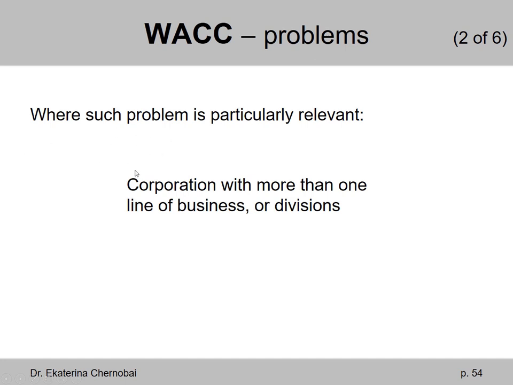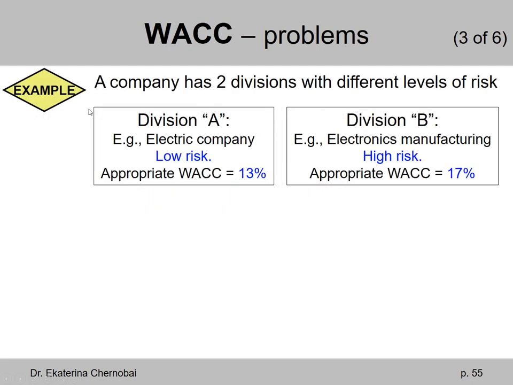Where such a problem is particularly relevant is a corporation with more than one line of business or divisions. For example, let's say we have a company with 2 divisions and they have different levels of risk. Division A, maybe it's an electric company. It has a low risk, it's a stable business, and the appropriate weighted average cost of capital for this division is 13%.